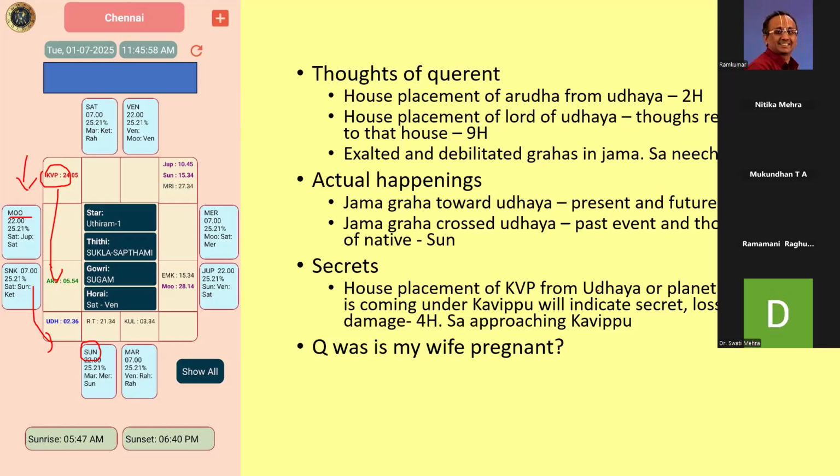For example, pregnancy in the 5th house: if Kavipu is afflicting Jupiter, here Kavipu Lord is Jupiter, then you know the event is not going to happen. If Kavipu is nowhere in the picture with respect to the Udaya, the Lord, or the Karaka, then you can be clear that the event will happen.